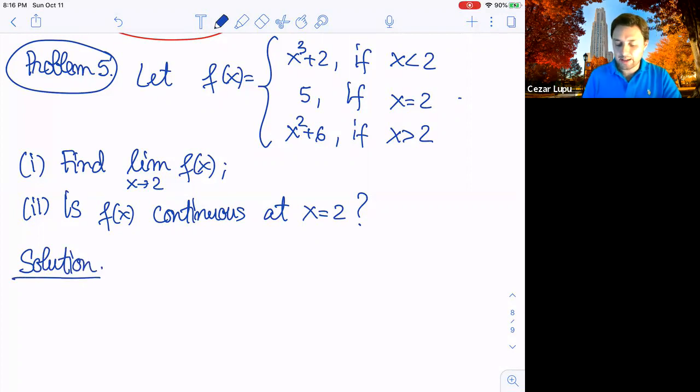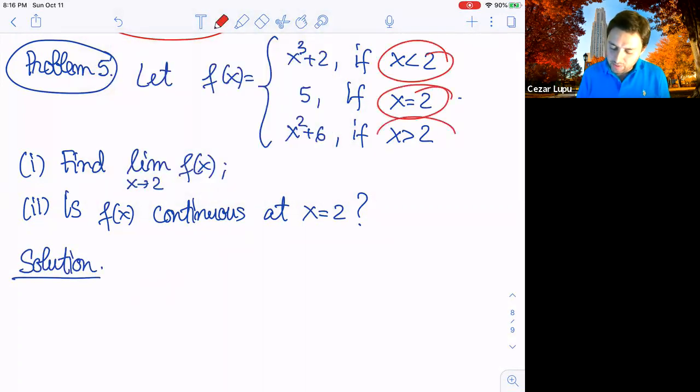Now, we need to find the limit as x approaches 2, but as you can see here, it's defined with piecewise functions. Look, I have these three pieces that glued together will give me my function f. And here I have to compute the limit as x approaches 2. But it doesn't say explicitly 2 from what? From the left, from the right?